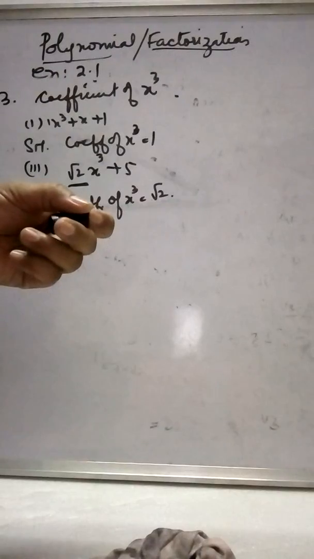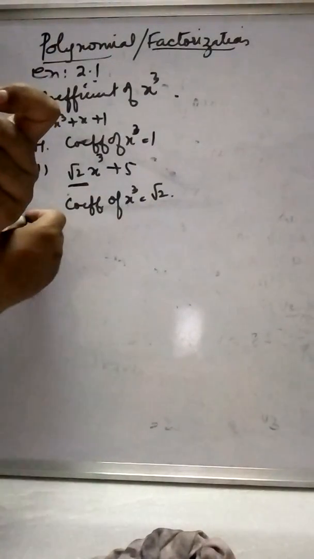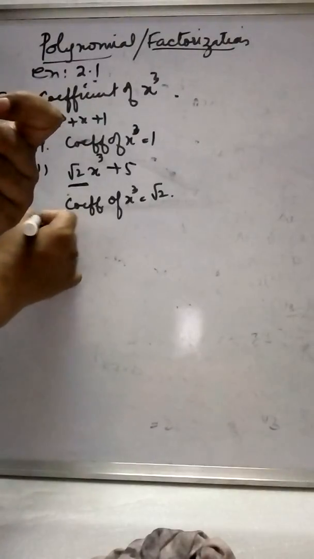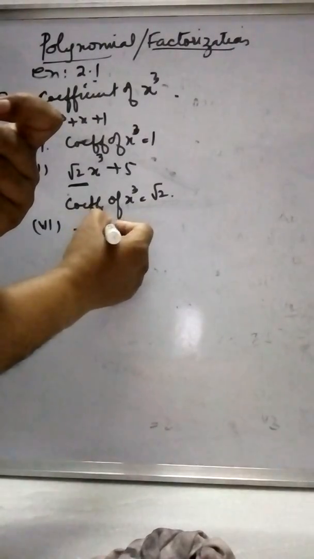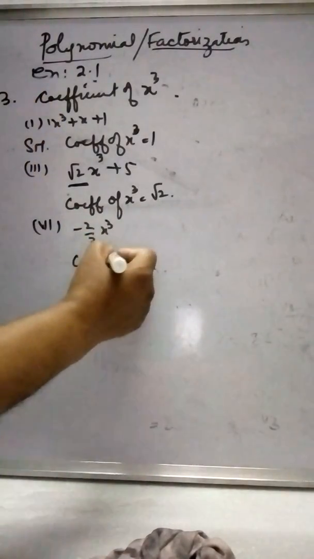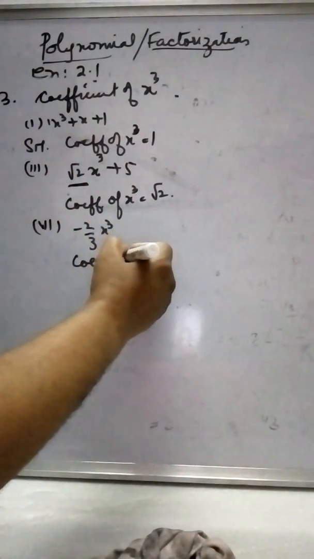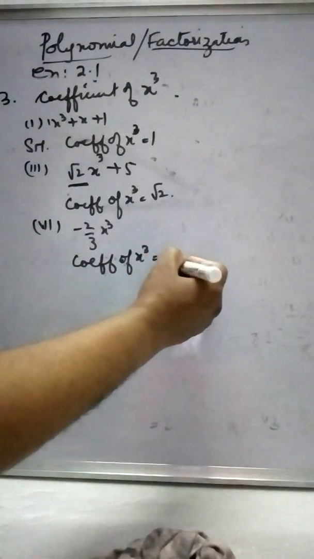Okay, now we have some more. I'll take this sixth one, minus 2 by 3 x cube. So here the coefficient of x cube is equal to minus 2 by 3.